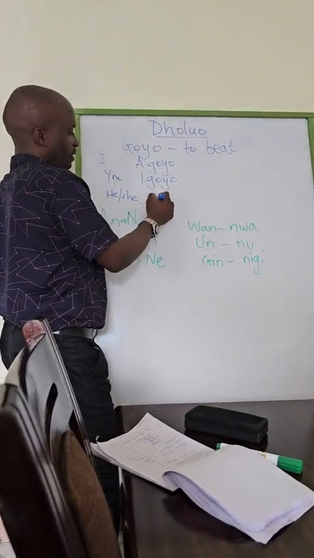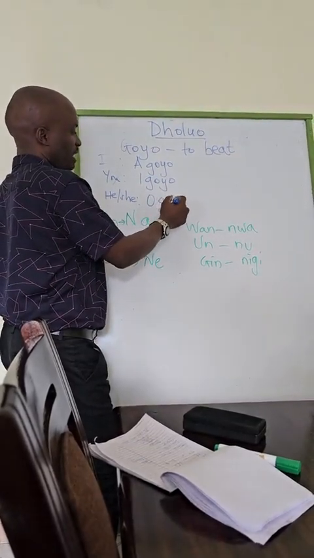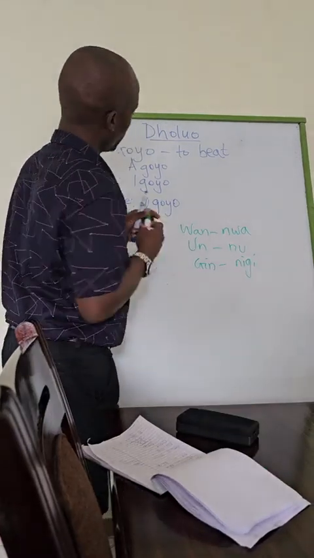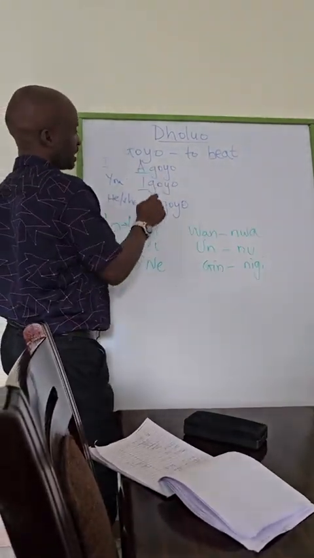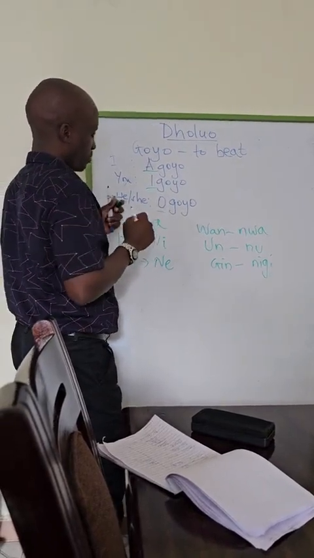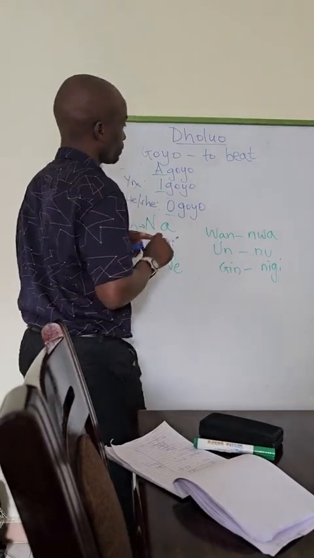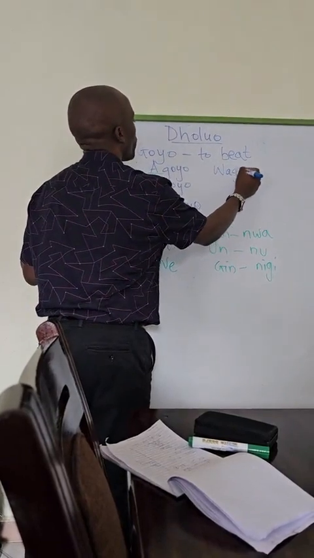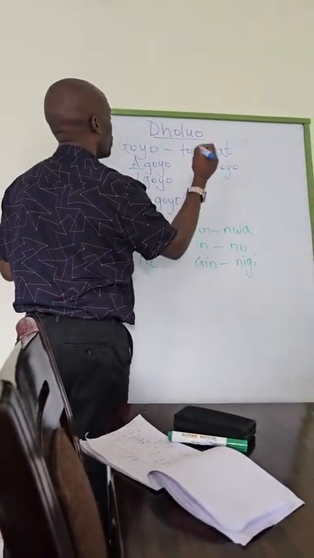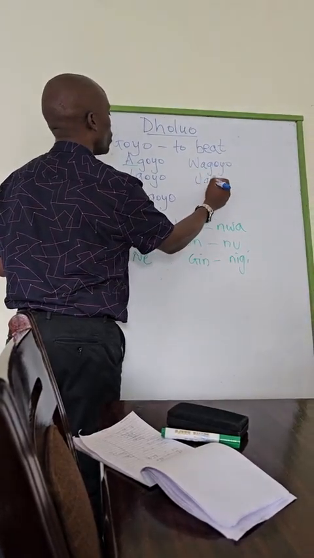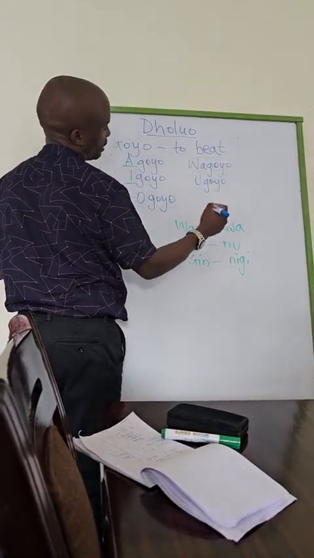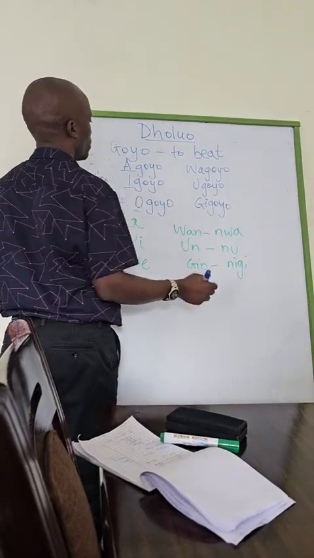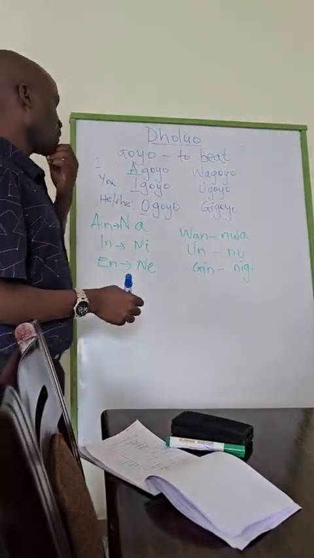O. We learned this when you're talking about present tense. Ogoyo. So it's basically this first letter. Agoyo, igoyo, ogoyo. And then for plural, starts with what? Wa. Wagoyo. And then you plural, ugoyo. And then gin, gigoyo. So this is to beat.